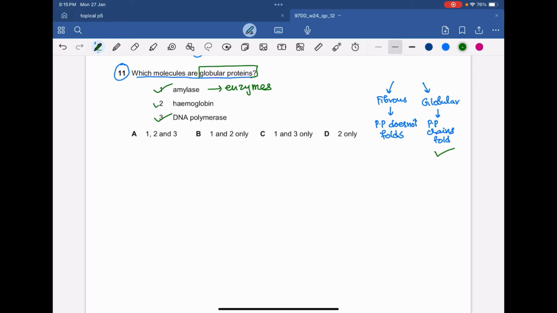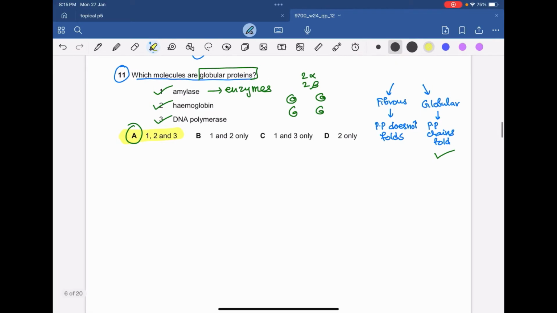Hemoglobin, yes, hemoglobin is also a globular protein because it consists of coiled alpha globin and beta globin chains. It consists of 2 alpha globin chains and 2 beta globin chains. So the correct answer for question 11 is option A, 1, 2 and 3. All are globular proteins. I hope that this is clear.